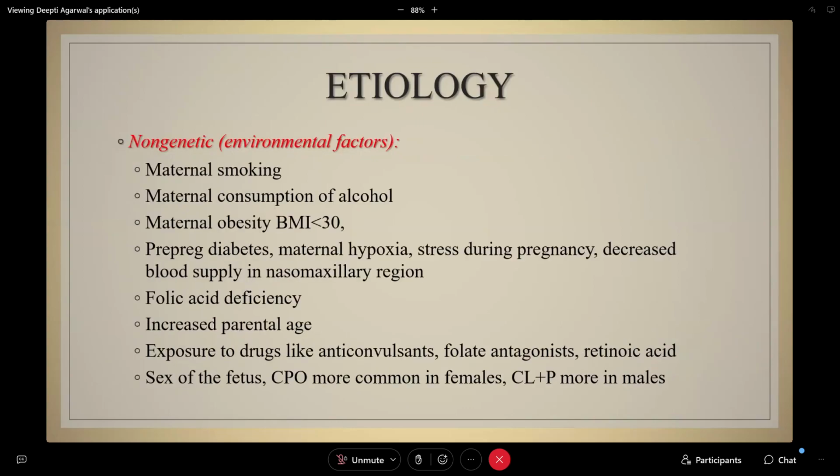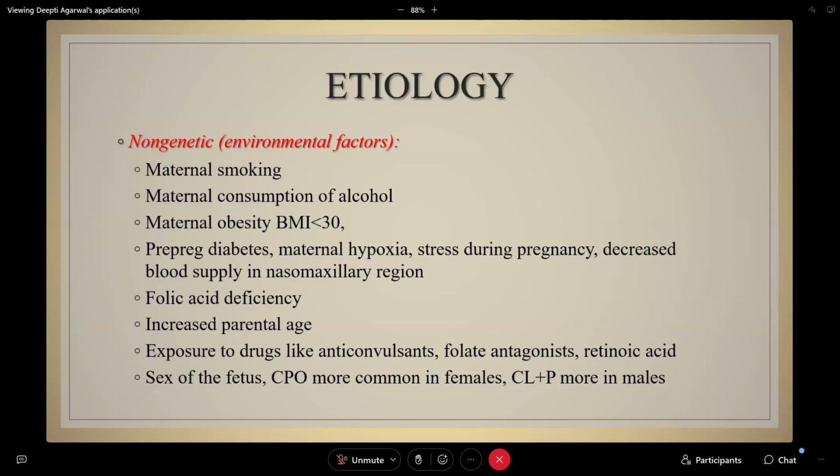So the etiology can be genetic, that is associated with syndromes, or non-syndromic, and non-genetic, that is depending upon the environmental factors. Environmental factors like maternal smoking and consumption of alcohol play an important role, especially when the exposure has been in the first trimester.